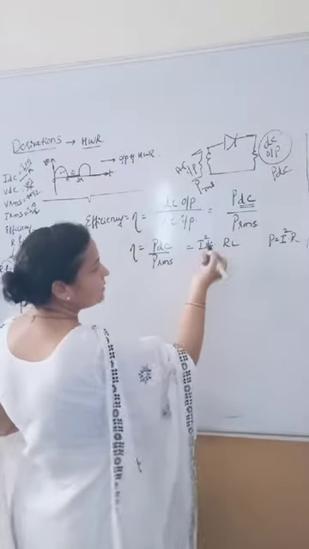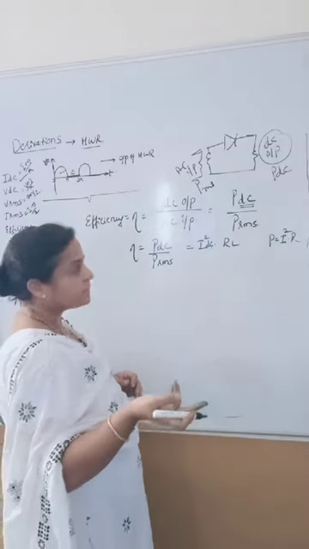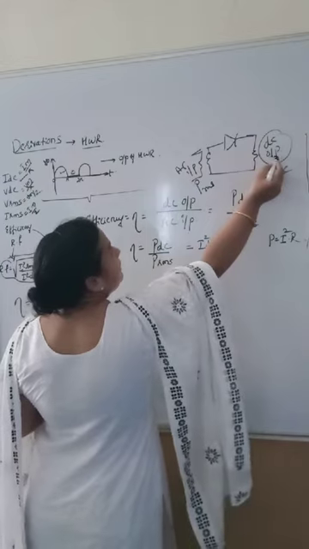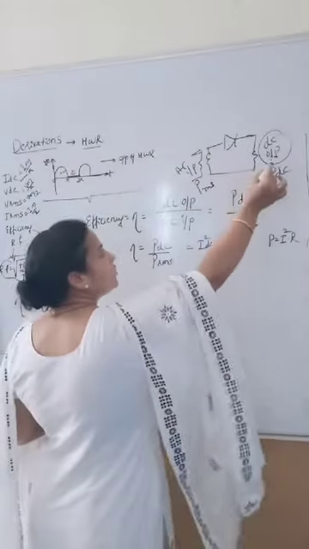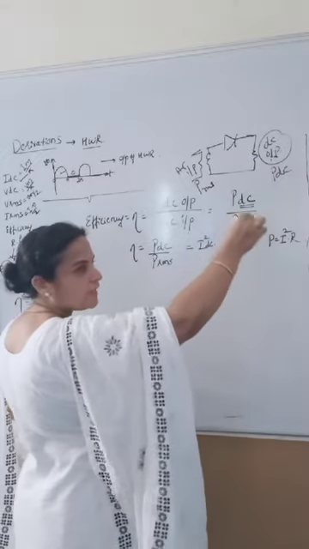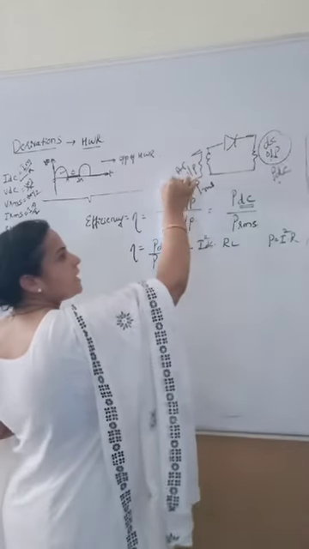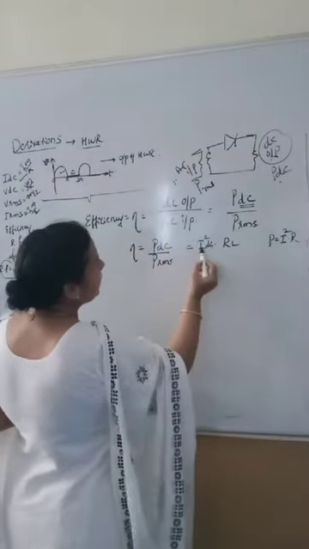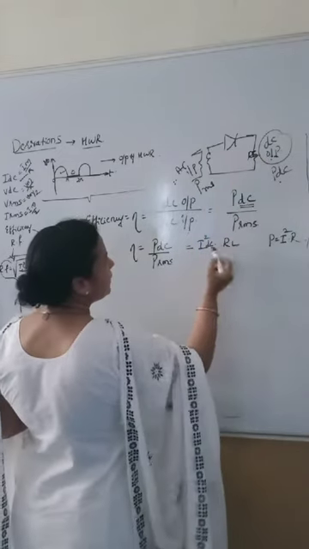Why I square DC, and why not I square RMS? This is a DC output. At the output side, whatever current you take will be DC current, and the voltage will be DC voltage. VDC, IDC, PDC all come here, while PRMS, IRMS, VRMS will come on the input side. So the current is IDC and the load resistance is RL.